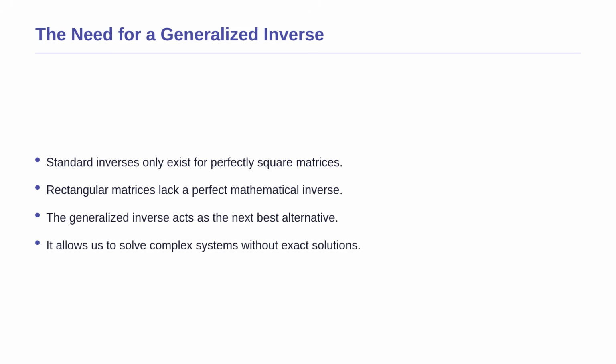These matrices refuse to cooperate and simply do not have a standard inverse. The generalized inverse is exactly the next best thing. It is a special mathematical tool that steps in when a perfect inverse does not exist, allowing us to solve complex equations and extract meaningful answers anyway.